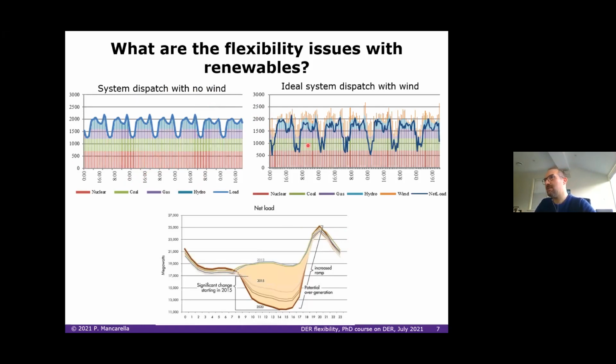The moment that you start introducing wind, you see that there's lots of variability in the net load, so load minus renewables, and including issues such as minimum load in the system that would somehow start impacting the minimum stable operating constraints of nuclear power plants, for example.